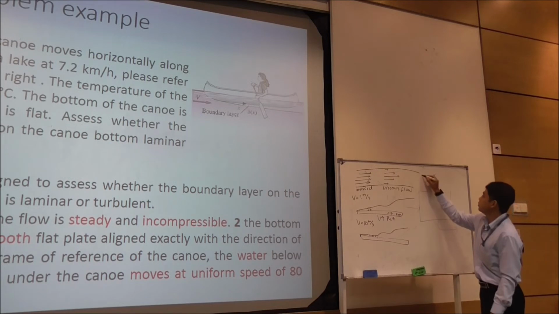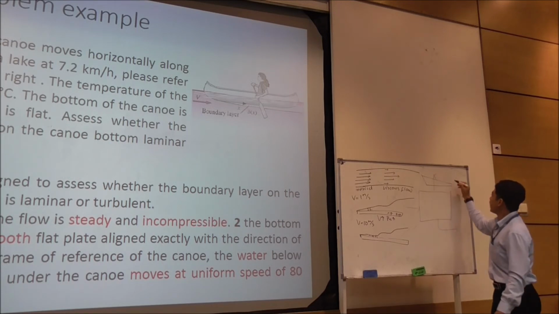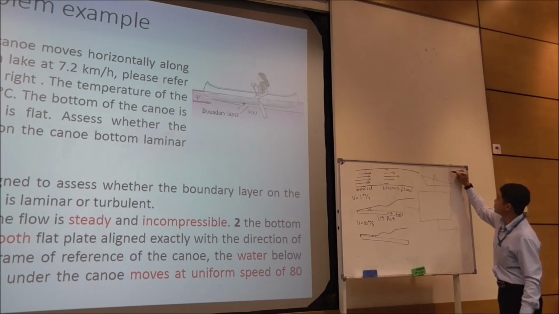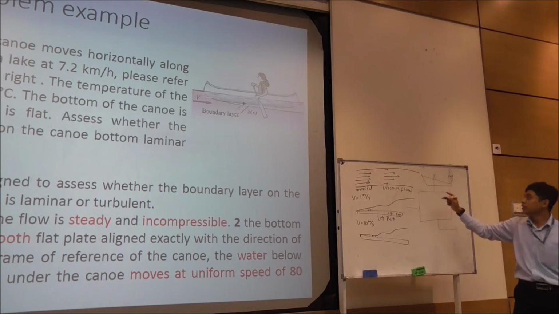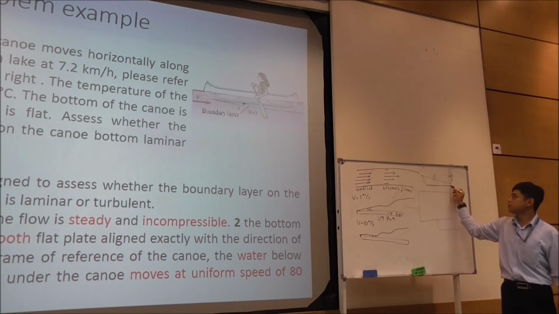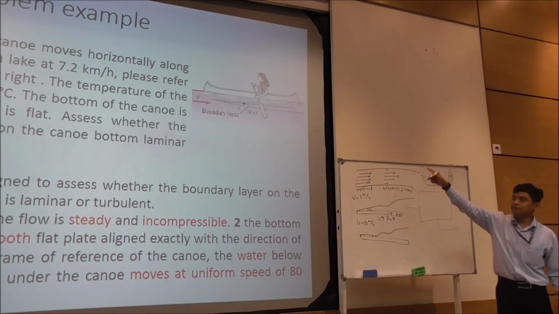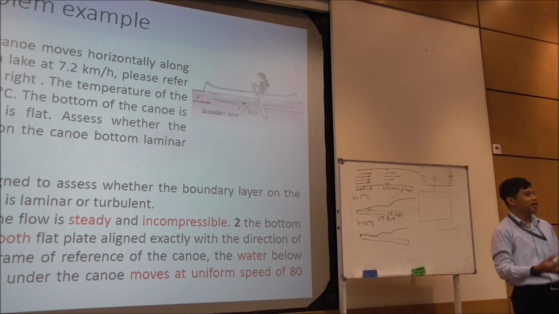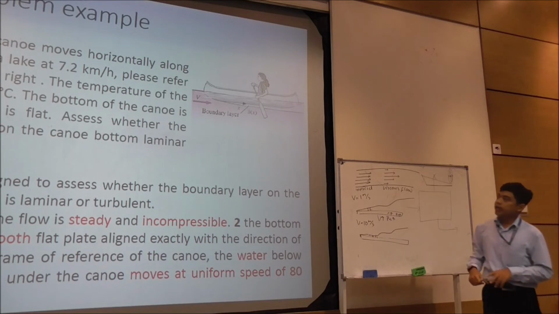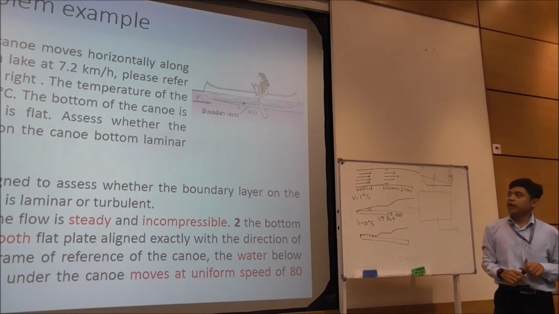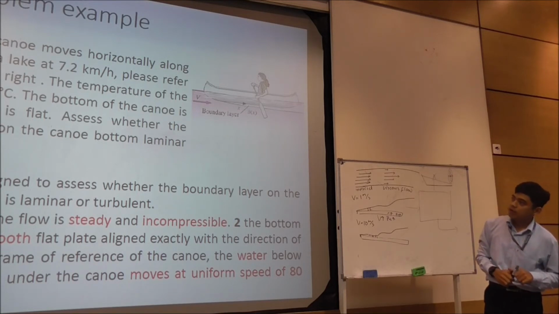You know the swamp boat? That boat that has a big fan over there. Usually, if you are a crocodile hunter, right? For that swamp boat, this is really a flat plate. But okay, we treat that as a flat plate. Make our life easier. So you have that, and then you are moving at 7.2 km per hour.